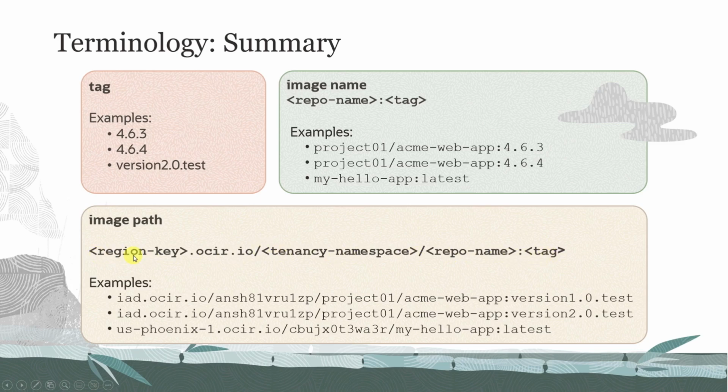It has the following structure: regionkey.ocir.io/tenancy namespace/repo name:tag. And you can always refer to Oracle official documentation to identify the region key for the region you're working in. From the examples, we can see that there are two image paths belonging to the US Ashburn region, whereas the third one belongs to the US West Phoenix region.